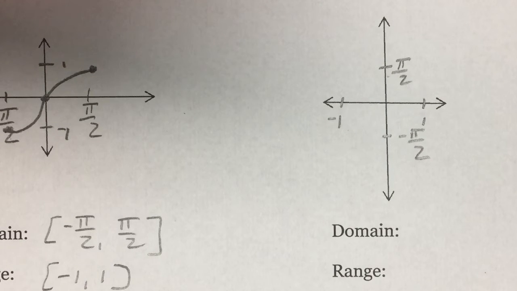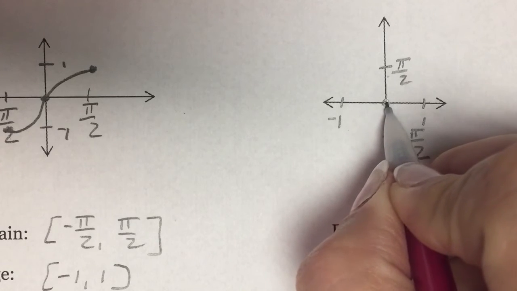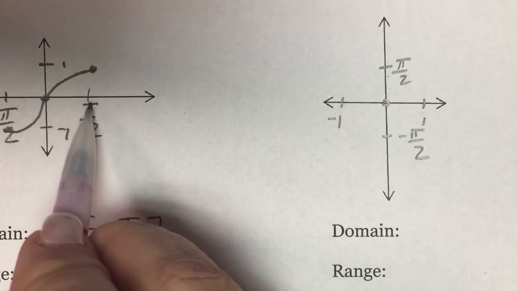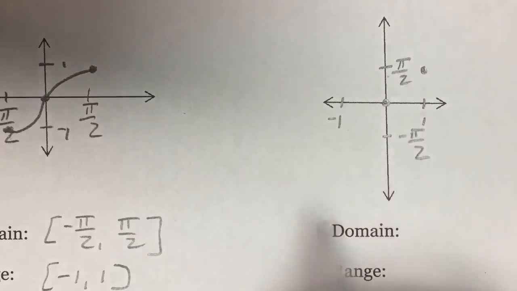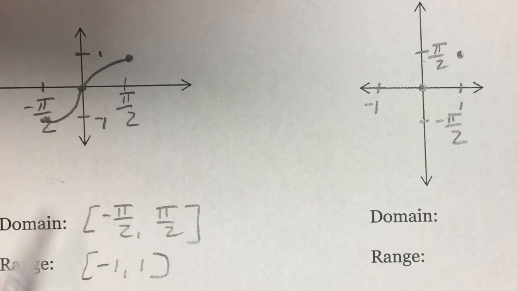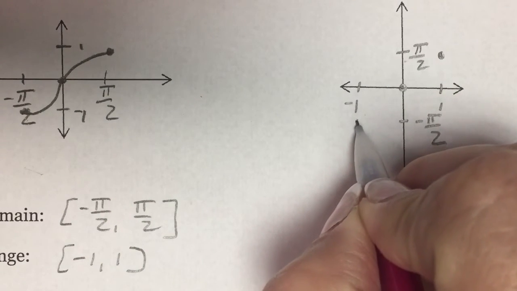And we're going to flip the domain and the range. So 0, 0 is still going to stay the same. Now remember, this point over here would be pi halves, 1. So we're going to go 1, pi halves. And then this point down here would be negative pi halves, negative 1. So we're going to go negative 1, negative pi halves.